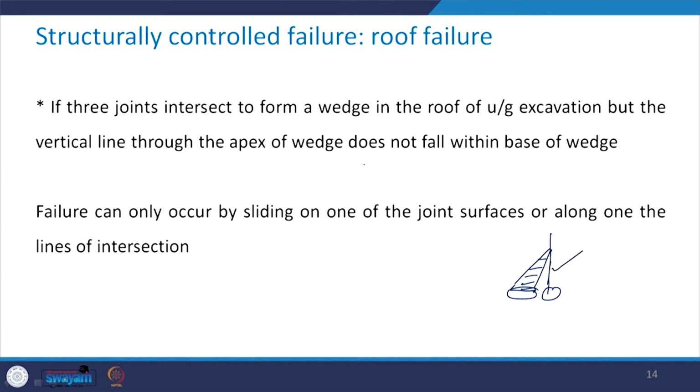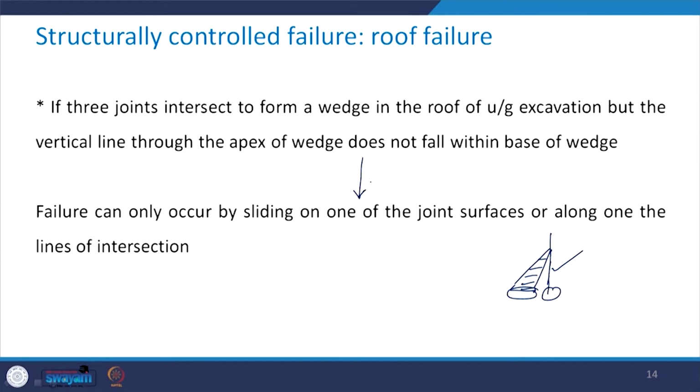So, what will happen in that case is that the failure can occur only by sliding on one of the joint surfaces or along one of the lines of intersection. So, in this case, falling of the wedge in the underground excavation will not be there.